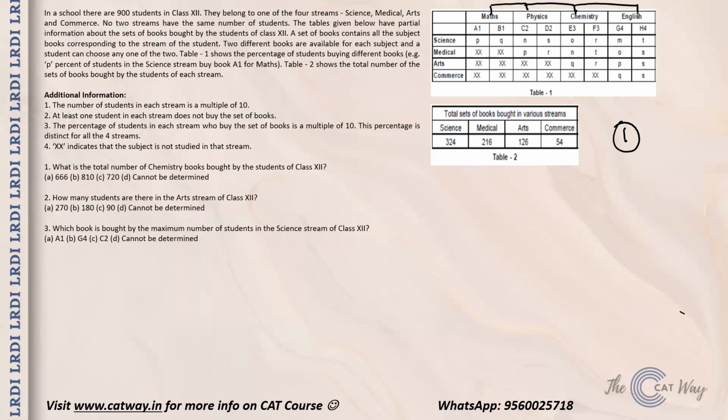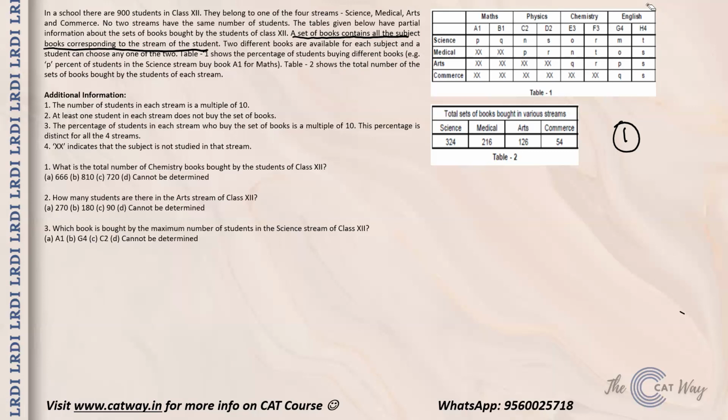First let us understand what a set of books is. A set of books contains all the subjects corresponding to the stream of the student. So for one student, the set of books would be like this: he's a science student and he has to buy a maths book.